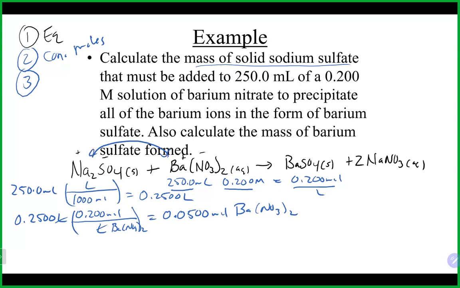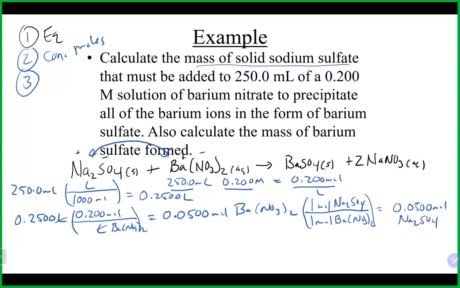So from the equation, it's a 1-to-1 relationship. So I could use that here. 1 mole from the balanced equation of barium nitrate gives me 1 mole of sodium sulfate. That is going to give me 0.05 moles of sodium sulfate.